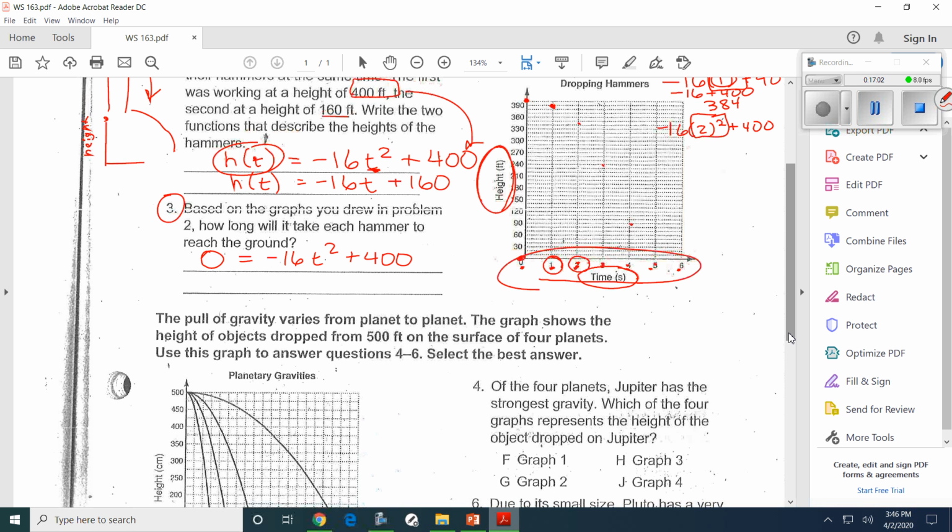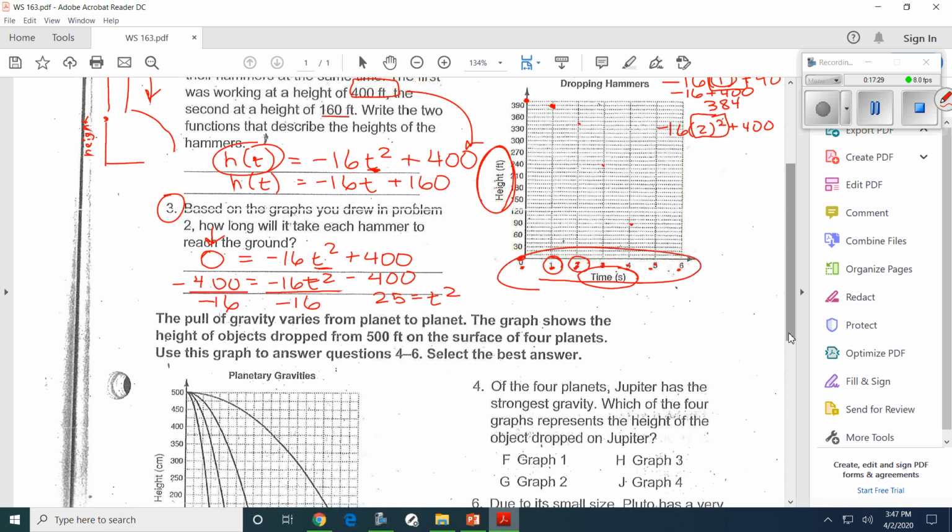So when he dropped it from 400 feet, when did it hit the ground? We would solve for t. First, we would have to subtract 400 from both sides of the equation. So we would have negative 400 equals negative 16t squared. Now, in order to get t squared by itself, we divide both sides by a negative 16. That is going to give us 25 equals t squared.